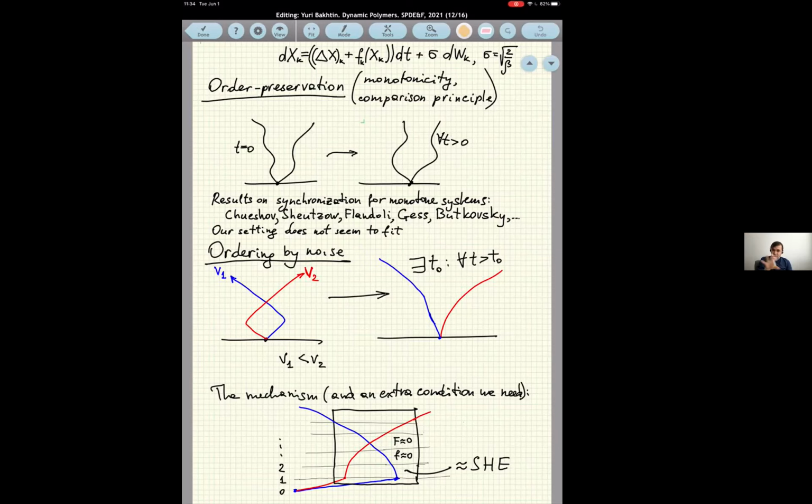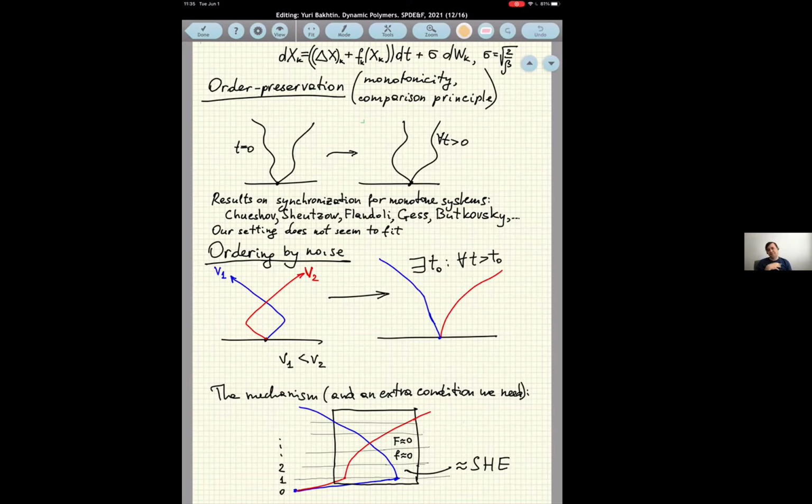But there is a certain part where they are not monotone, where the blue one is on the right of the red one at some places. So that is a finite part. But we prove that with probability 1, there is a finite time after which they get disentangled.